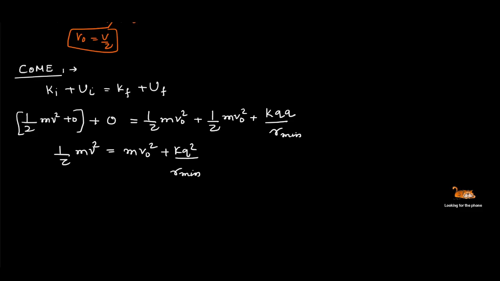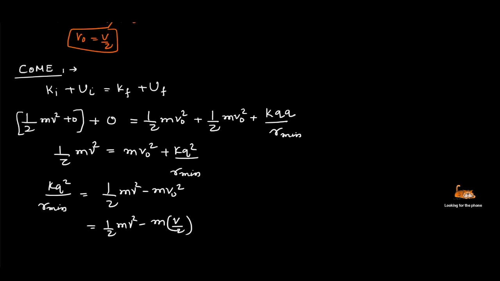So I can write here k q square by R minimum comes out to be 1 by 2 mv square minus mv naught square. What is v naught? It is v by 2. So it is 1 by 2 mv square minus mv square by 4.